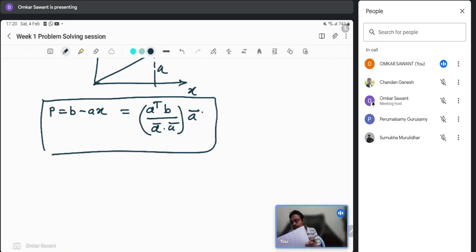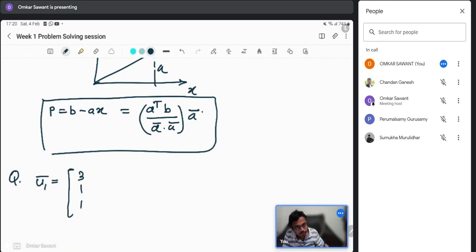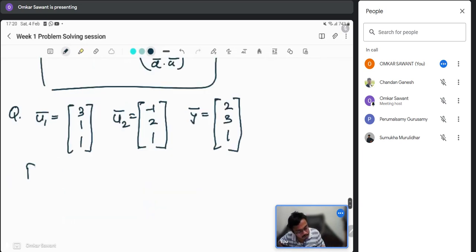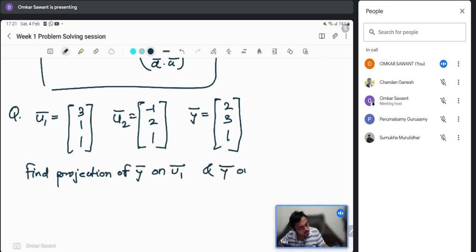Say we take an example: u1 bar is (3, 1, 1), u2 bar is (-1, 2, 1), and y bar is (2, 3, 1), and I want to find the projection of y bar on u1 bar and y bar on u2 bar.